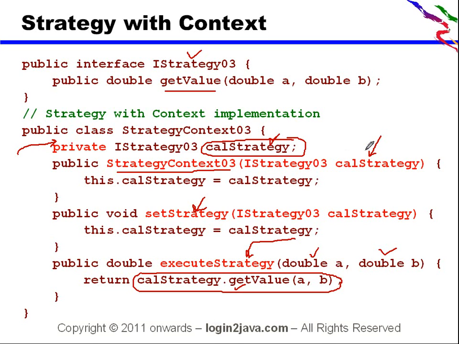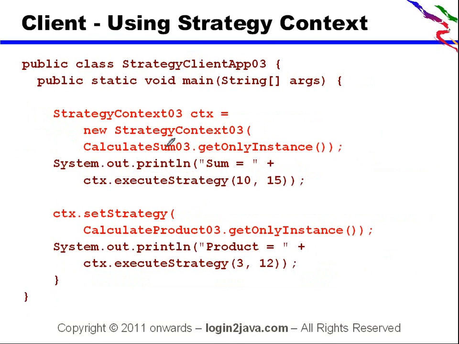Now simply you can imagine the use: for the first time, we can create a new context where we can pass our strategy. Sum getInstance depicts that we are using a singleton strategy object.